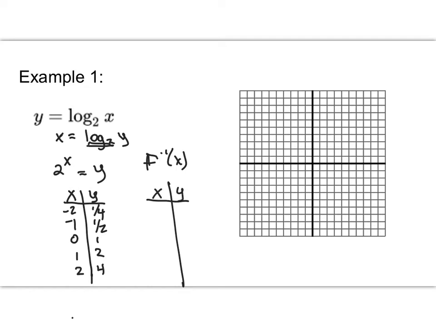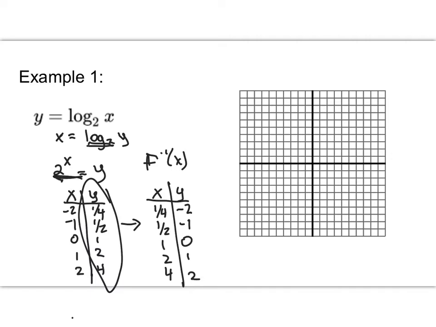I just need to switch my x and y values around. So I'm going to take my y values here and move them over to be my x values here. And that means these are my new y values. My old x values are my new y values. There is f inverse of x. And the original function now is 2 to the x equals y.